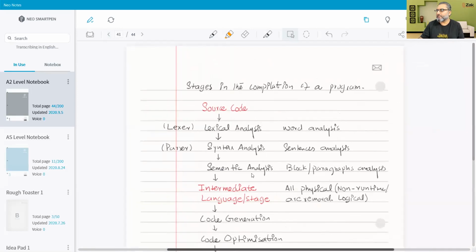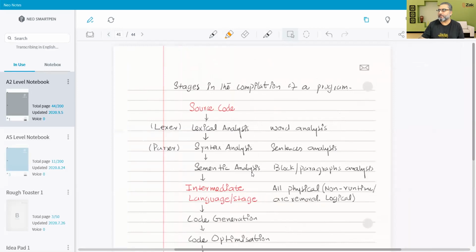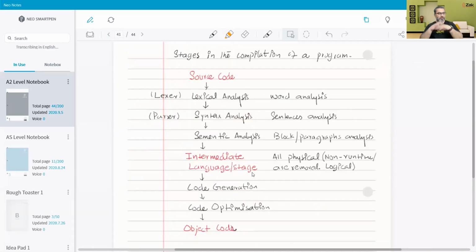All right, we have completed stages in the compilation of the program. So now you know the whole process, and afterwards, let's just see the syllabus.